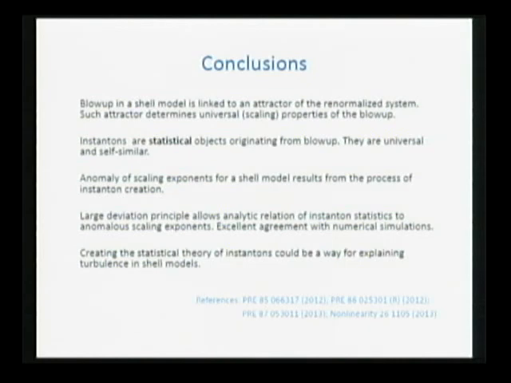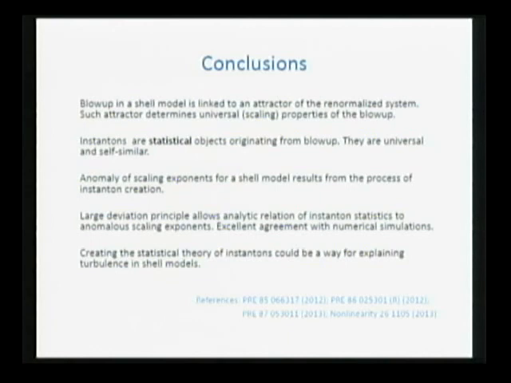First of all, we found out that this blow-up initiates certain very correlated structures, and they are statistical objects. You cannot just pick up one of them; you will not see any self-similarity. But statistically, they are fully self-similar with a universal scaling constant.